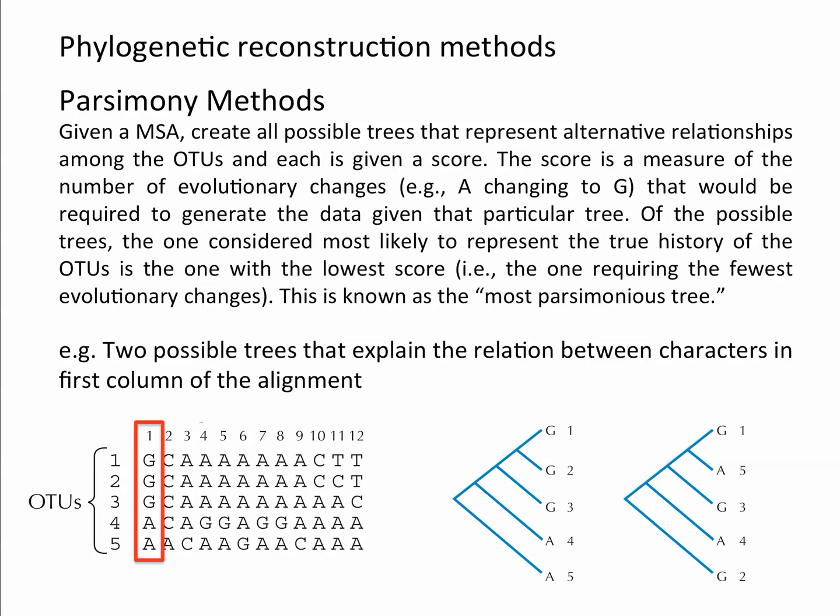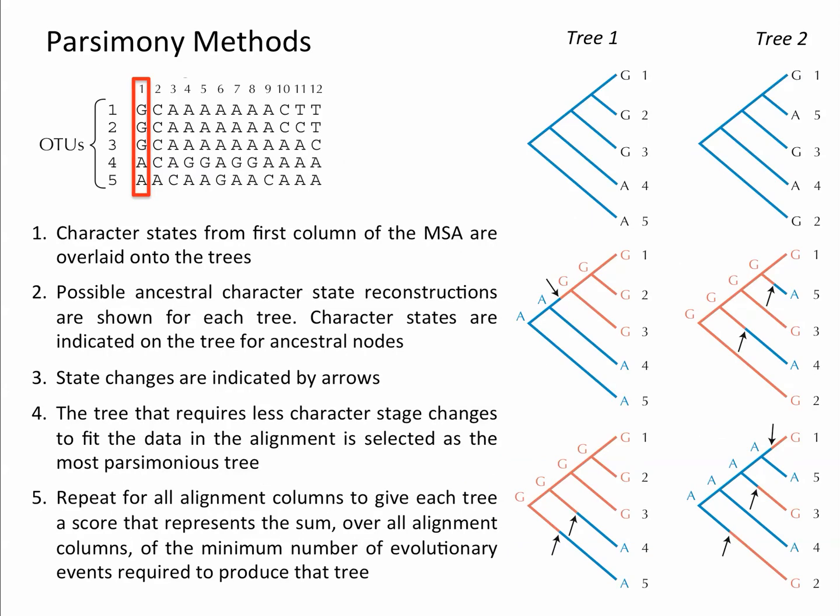To make this very simple, just consider one alignment column, this column, and 2 possible trees. For each of these trees, we need to determine how many evolutionary changes would have been required to produce the observed character states in column 1.